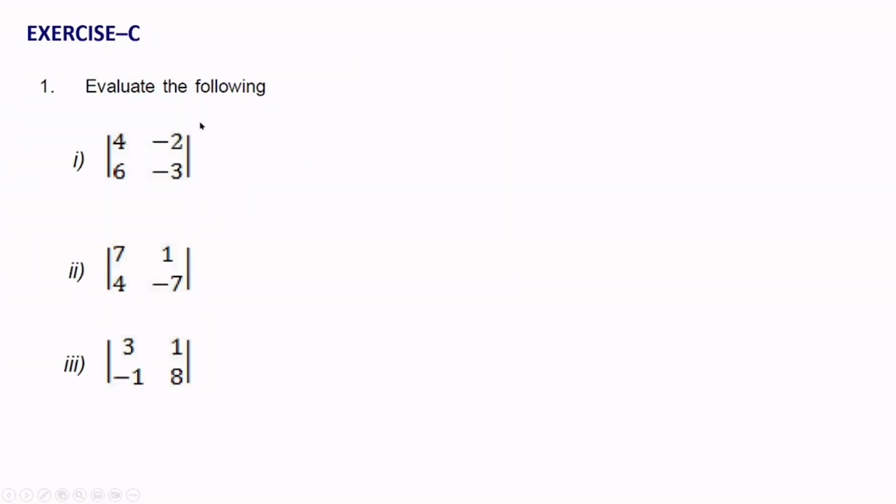Now moving on to the next exercise, which is on determinants. The first one, evaluate the following. The first one is determinant of 4, minus 2, 6, minus 3. So this is 4 into minus 3, minus 12, minus 6 into minus 2, minus 12. So this is minus 12 plus 12, which is 0.